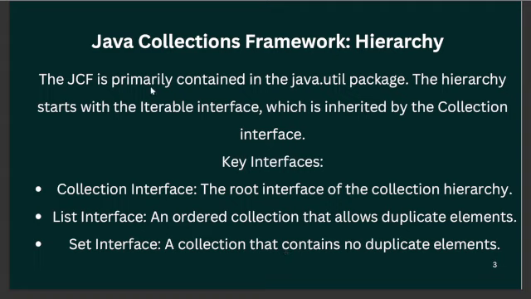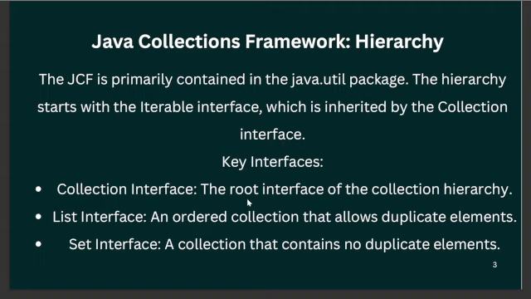The JCF, the Java Collection Framework, is primarily contained in the java.util package, and the hierarchy starts with the Iterable interface, which is inherited by the Collection interface. From Collection we get List, Queue, Set, and separately Map. Map does not extend Collection. So remember, Map is separate but still part of the framework.